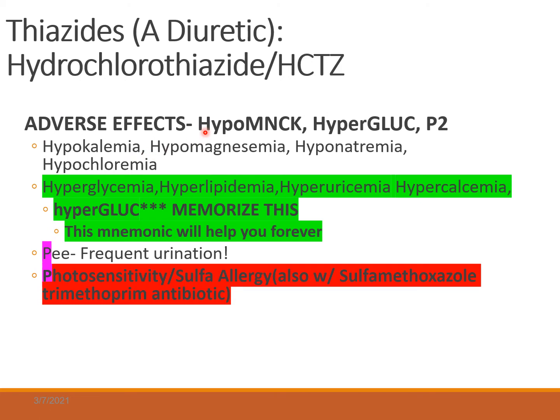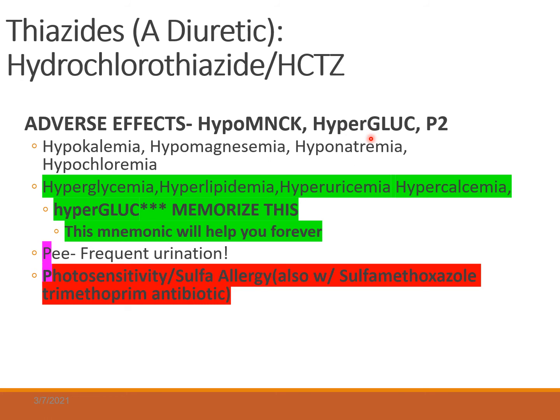This is the mnemonic for the adverse effects: hypo-MNCK, hypergluc, and P2. What is hypo-MNCK? Hypo-MNCK is hypomagnesemia, hyponatremia, hypochloremia, and hypokalemia. What is hypergluc?